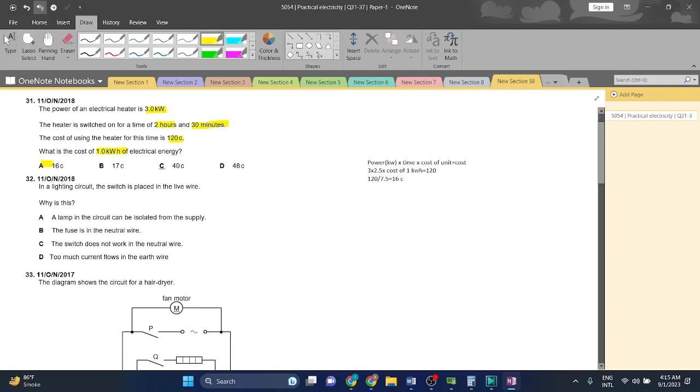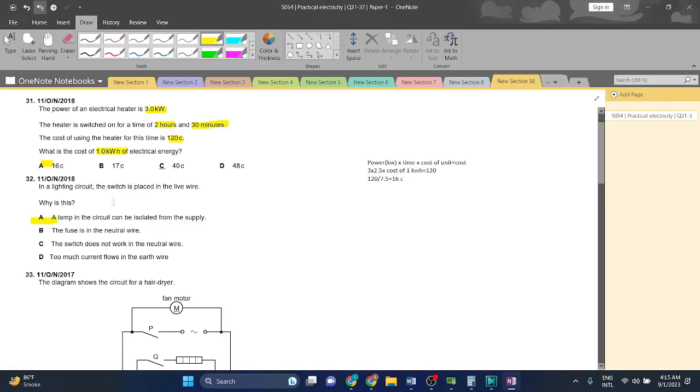Question 32. In a lighting circuit, the switch is placed in the live wire. Why is this? The switch, the circuit breaker, and the fuse are all placed in the live wire. And the reason is the lamp in the circuit can be isolated from the supply.